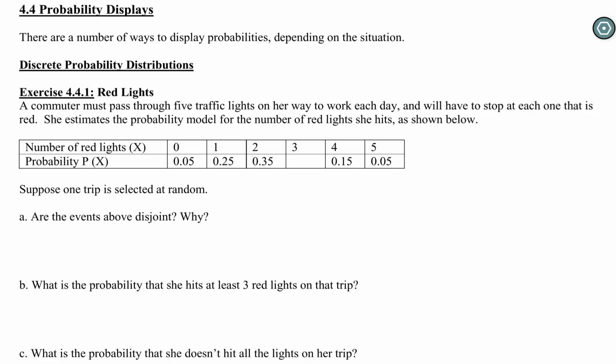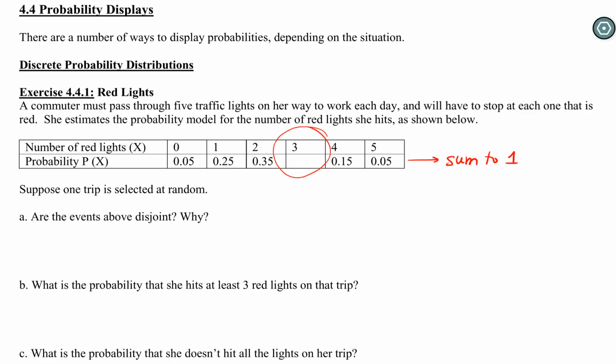All right, so before we even get into the actual questions here, we're missing one of our days in this little thing. We are missing the probability that she hits 3 lights on the way to work. So how are we going to find that? Well, if this is every possible outcome, that means our entire sample space, we know the probability of that entire sample space must be 1 or 100%.